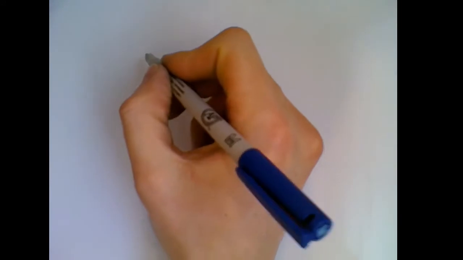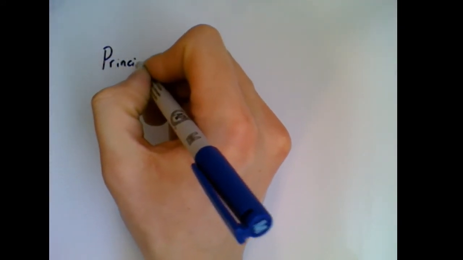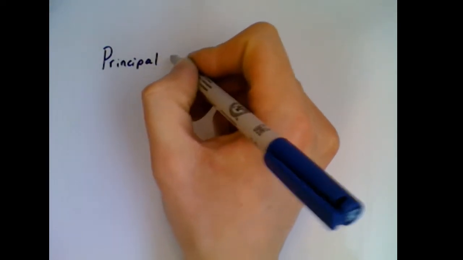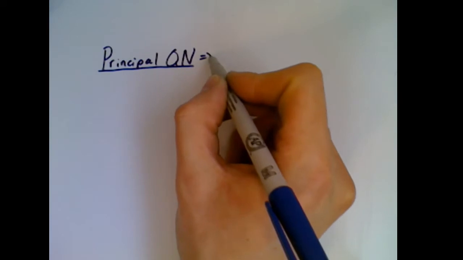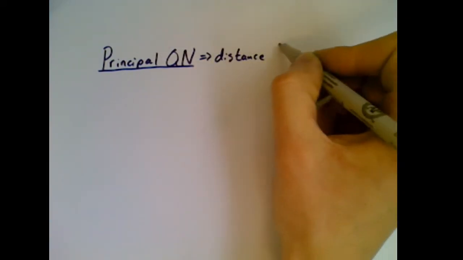Now, we describe those distances and those shapes using sets of what are called quantum numbers. And those quantum numbers really come in four different varieties. There is what is called the principal quantum number, and that is the distance from the nucleus.